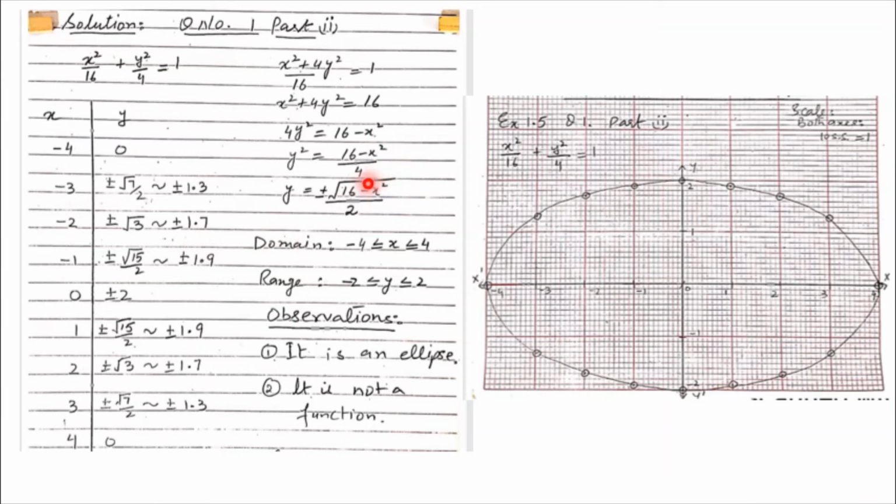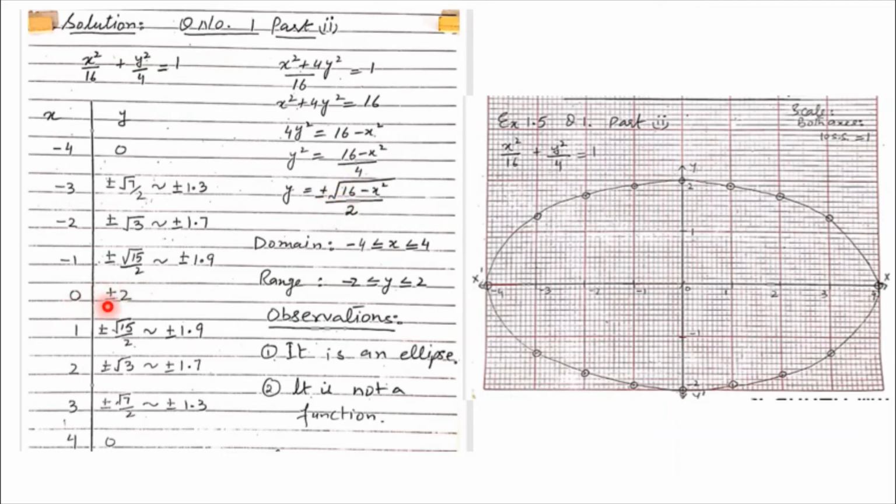At x equals minus 1, just put minus 1 here and you will get the value of y equals under root 15, because minus 1 square is 1, and 16 minus 1 turns out to be 15. So the value of y is plus minus under root 15 by 2. Use your calculator, approximate the value to one place of decimal and the answer will be plus minus 1.9. Then you put x equals 0 here, you will get plus minus under root 16, which is 4, divided by 2, the answer will be plus minus 2.